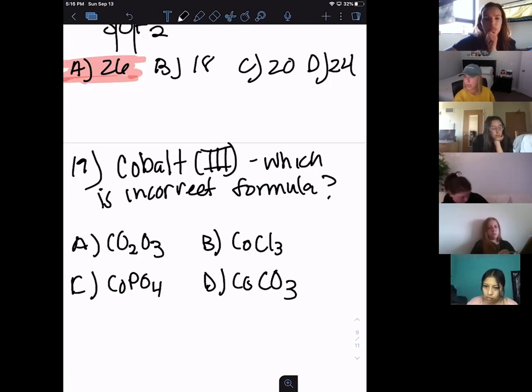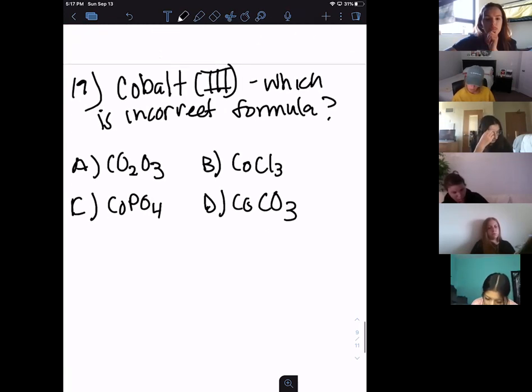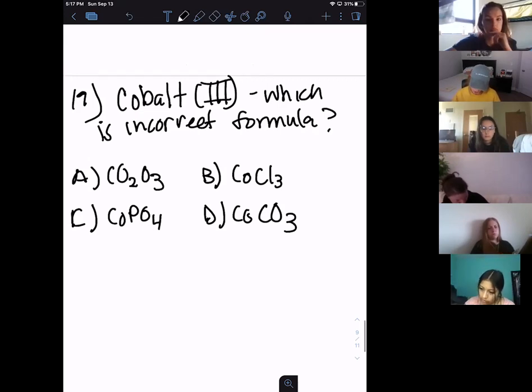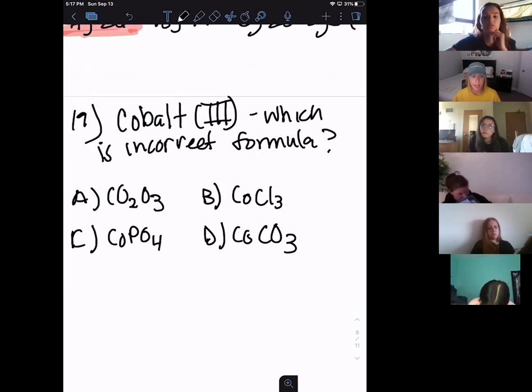Cobalt 3. How do I begin to do that? Which is an incorrect formula? Nobody knows how to do that? So the question is asking, you have to think about it, a compound. So what's cobalt near?